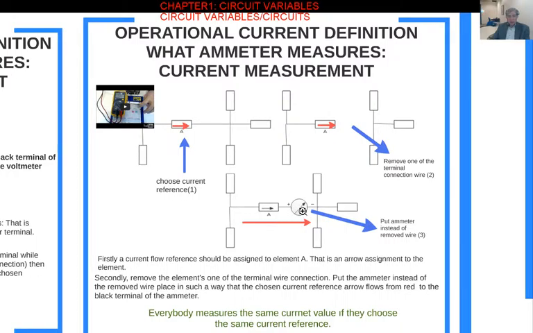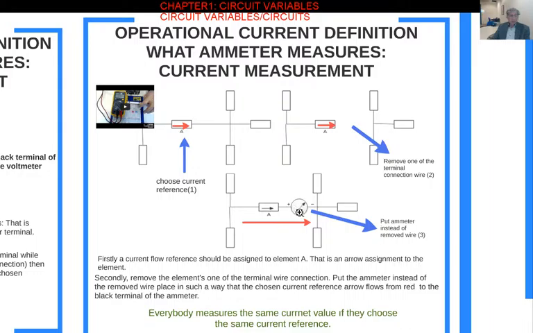But once again, if you do this connection, this ammeter gives a real number. But if we interchange the ammeter's terminals, red to black, black to red, we are going to end up with the same absolute value real number with a negative sign in front of it.